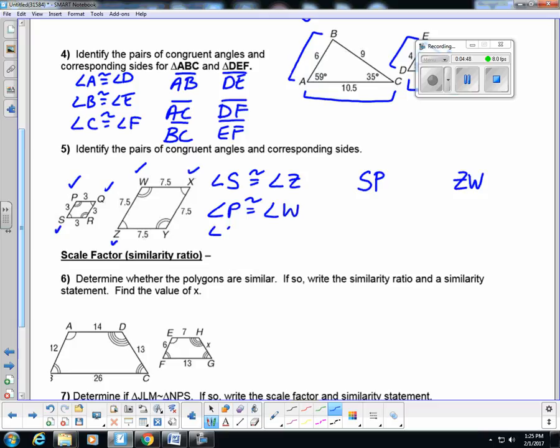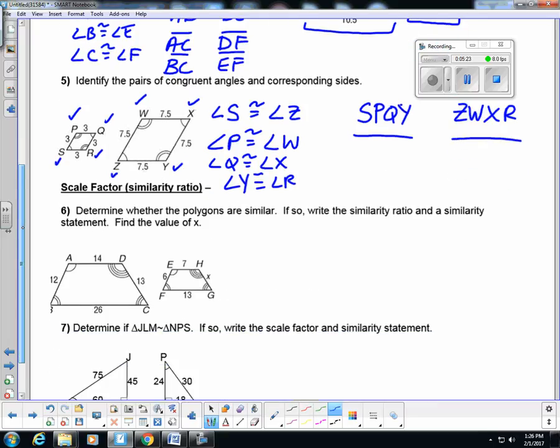So angle Q is congruent to angle X, Q and X. And then last but not least, Y matches up to R, angle Y is congruent to angle R. Now, the names of these two quadrilaterals, one of them is SPQY and the other one's ZWXR. Remember, the order of the letters tells us which angles correspond to each other. So we can always use those names as well.